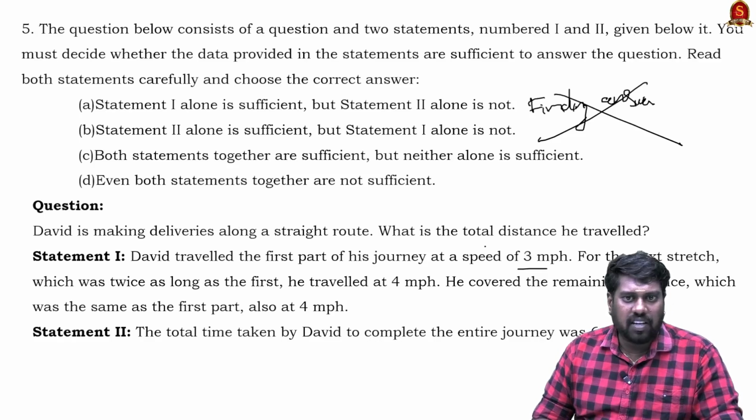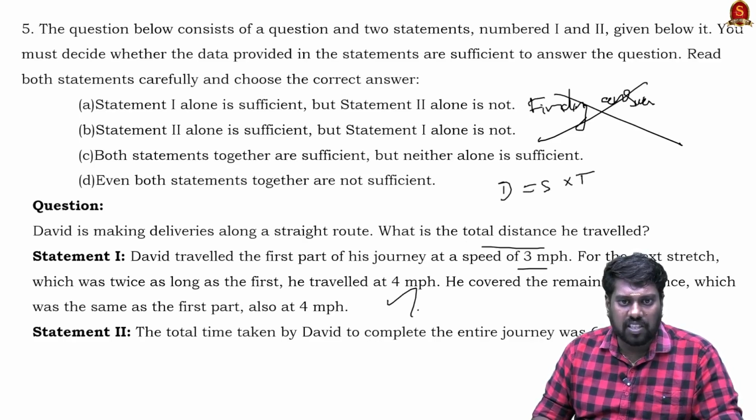So what is the requirement of the question? David is making a delivery. What is the total distance? What is the formula for distance? Distance is equal to speed into time. In the first statement they have given data with respect to speed, and in the second statement data with respect to time. So with only the speed or only the time, will you be able to find the answer? Definitely not. So this question can be answered by using the two statements.